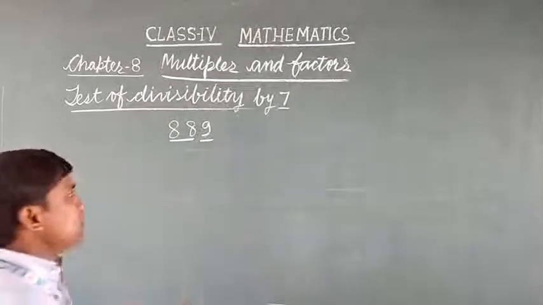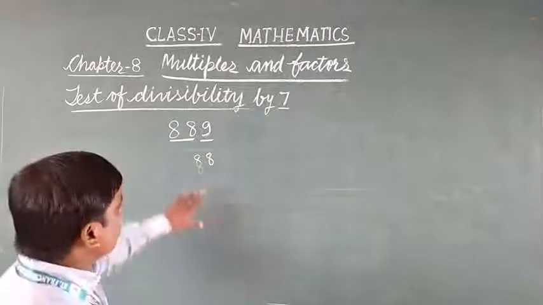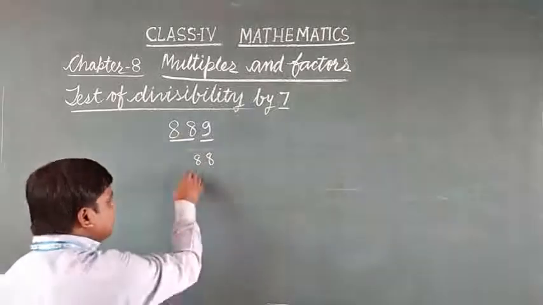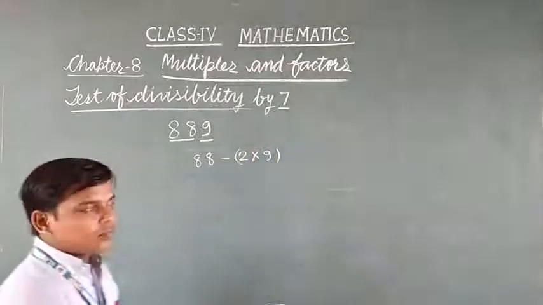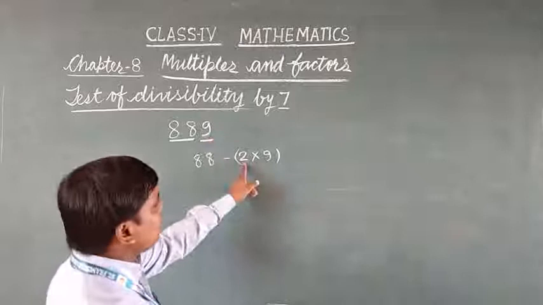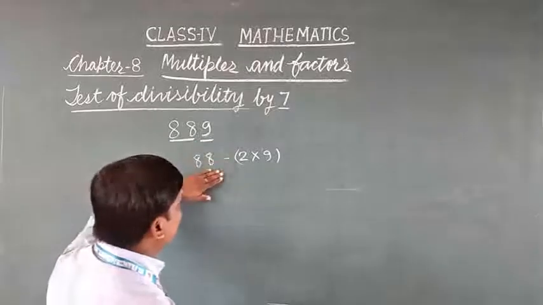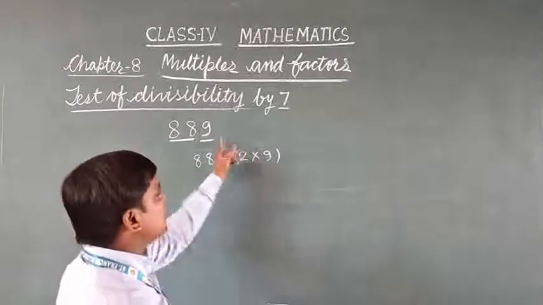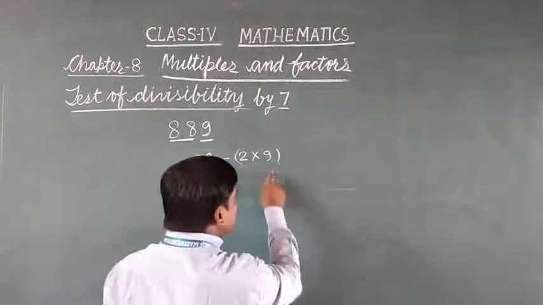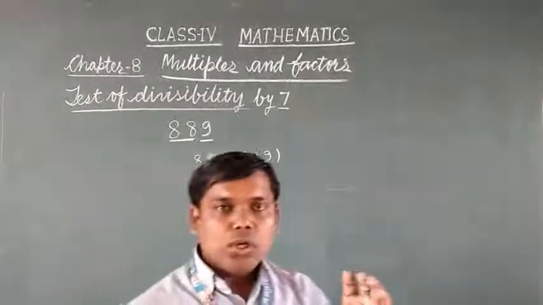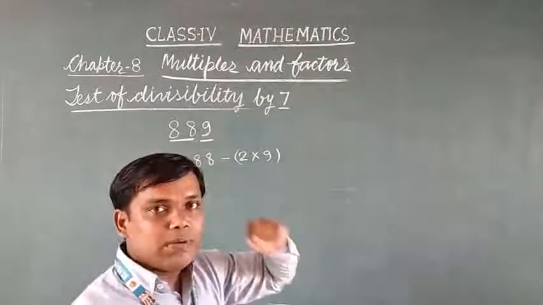We will find the difference of remaining digits number minus twice the ones digit number. Our one digit number 9, we write twice, and whatever remaining digits we have, the number formed by them we write here and subtract twice of the ones place number from the remaining number. If this will be either 0 or multiple of 7, then number will be said to be divisible by 7.